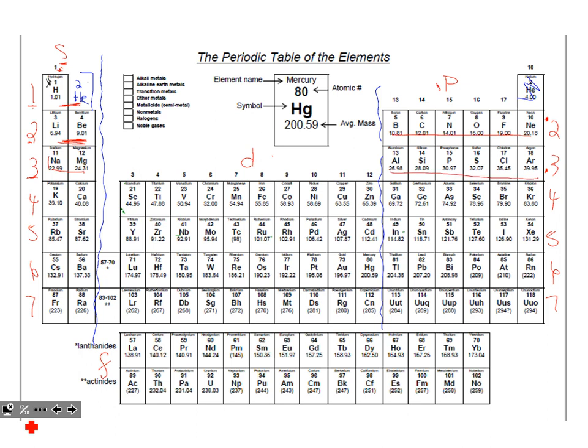After number 18 comes number 19, 4s2. After number 20 comes 21 through 30, and those are in 3D. So 3D, 10. D, right?